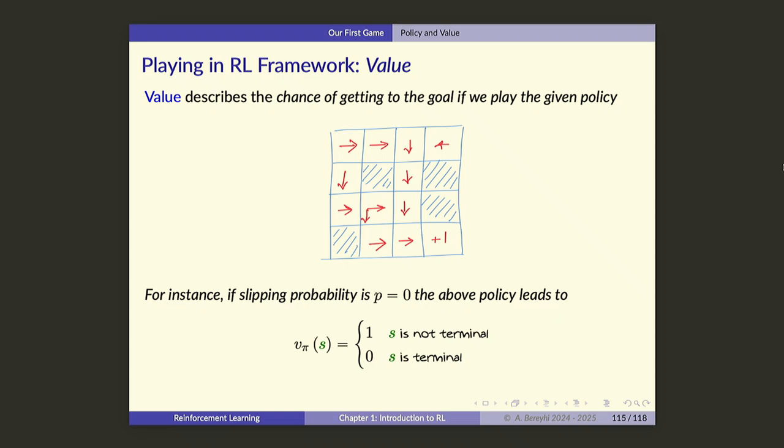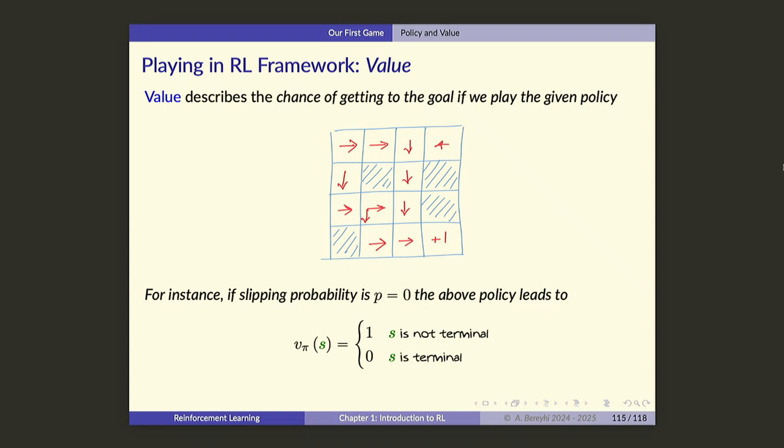Now, if you think of the discount factor to be simply 1, then wherever you are, you're going to collect 0, 0, 0, 0, 1, and the game is over, right? Again, here, it's going to be 0, 0, either here or here, 0, 0, 1, and the game is over, right? So at any state that you are in, if this is not a terminal state, you are going to end up with 1.